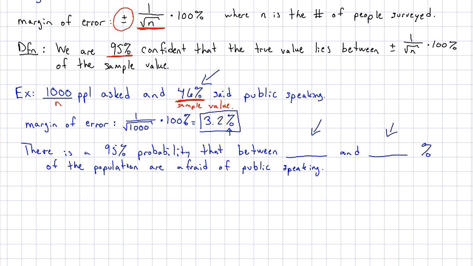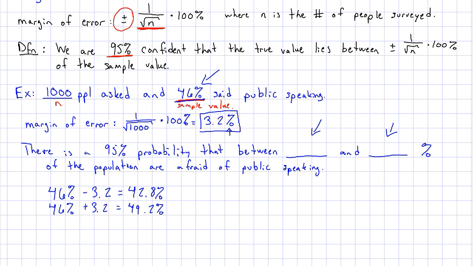So in order to calculate these two values, I take my sample value, which was 46%, and I subtract my margin of error, 3.2, which gives me 42.8%. I take the sample value and I also add the 3.2, which gives me 49.2%. That's what this plus or minus means. You do both.